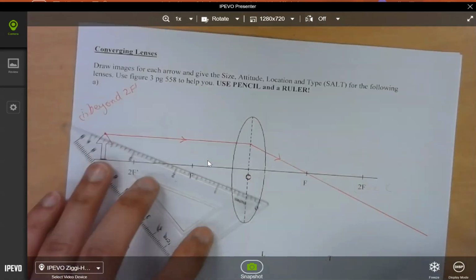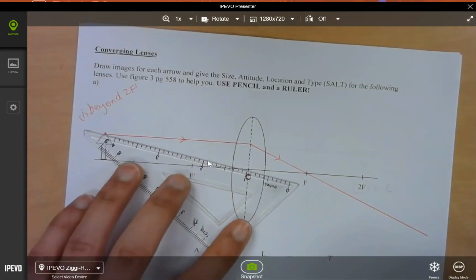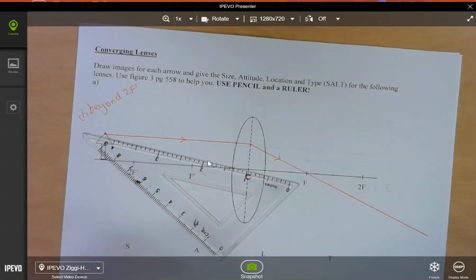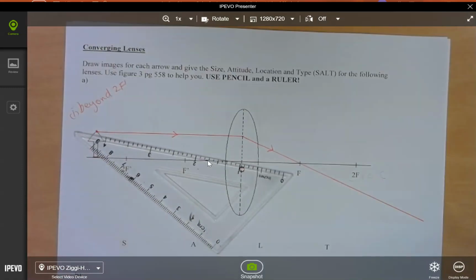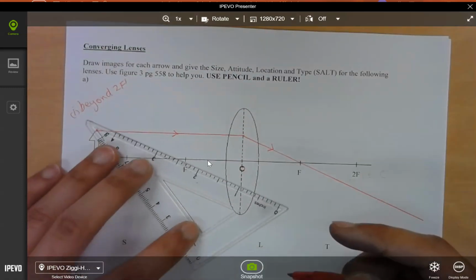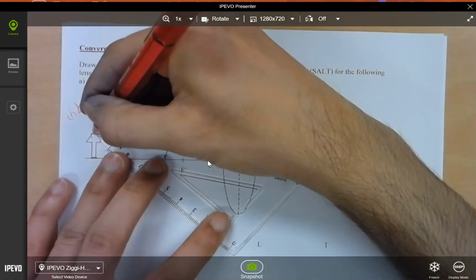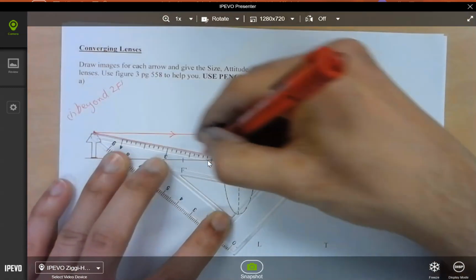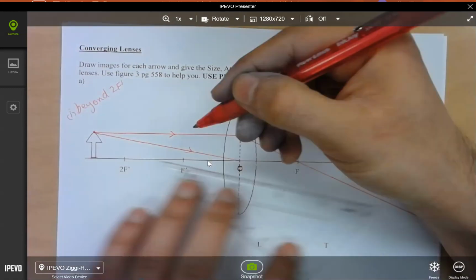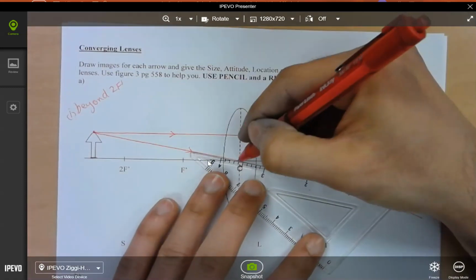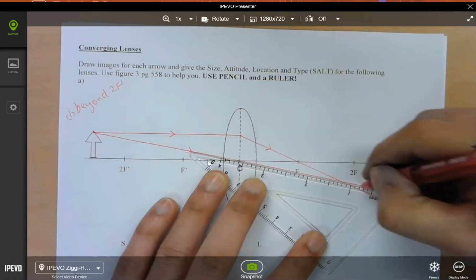And here you can use the third rule if you like. I think just to stay consistent, we only use the parallel ray and the optical center ray, because that's the same thing we're doing for our diverging lens. If you want to use the other rule, by all means you can. I'm not going to. So we'll draw one going to the optical center, which does not bend and emerges just like that.